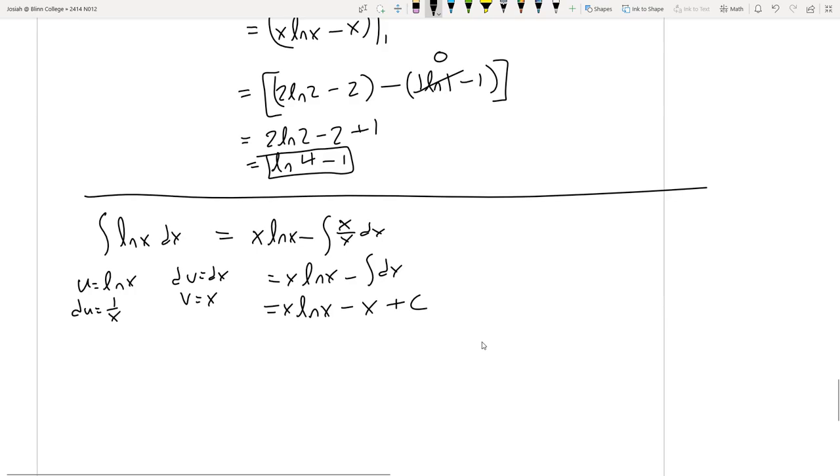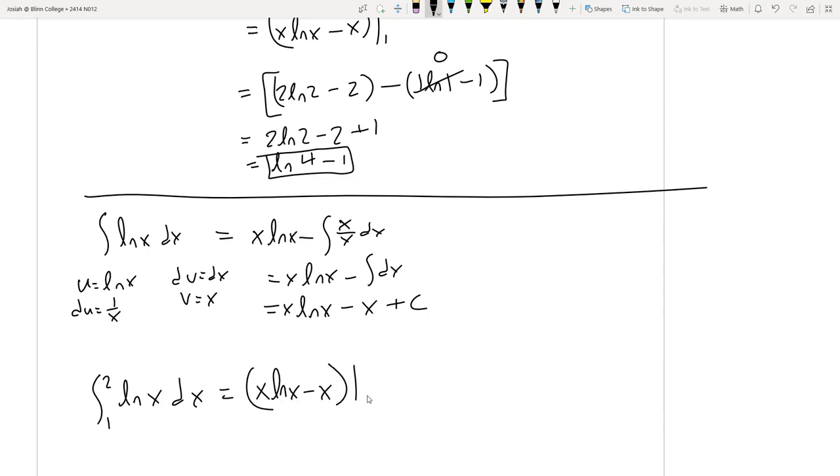But our problem tells us to find the definite integral. So I want to take the definite integral, which means I need to evaluate an antiderivative at these two points. I'll take the antiderivative that I've found and evaluate from 1 to 2.